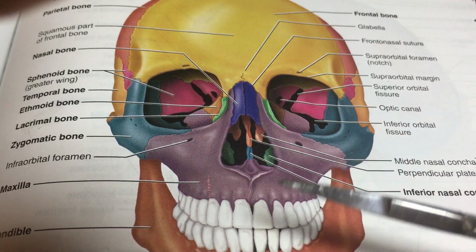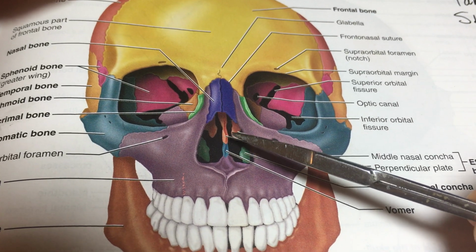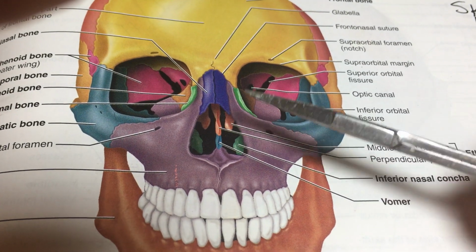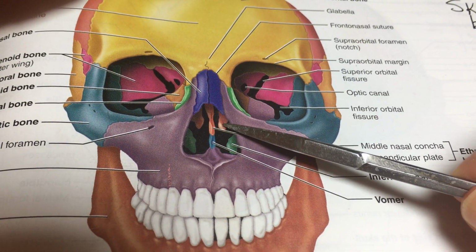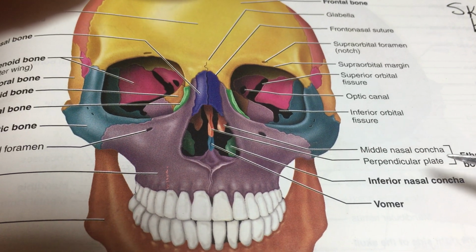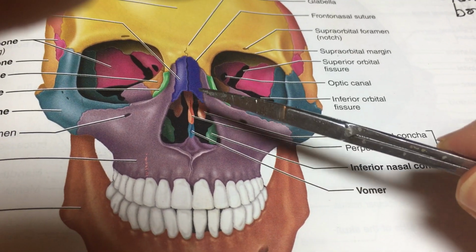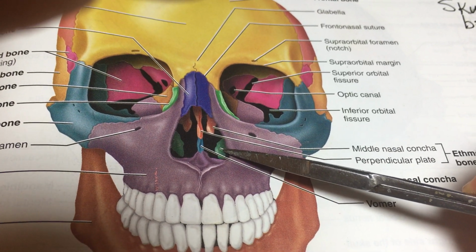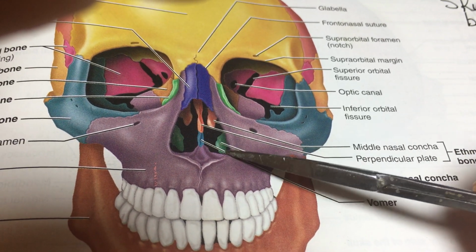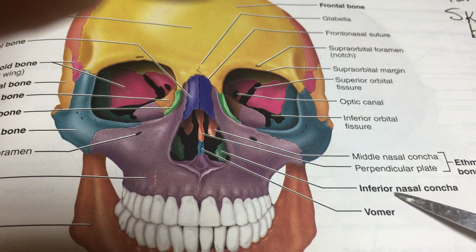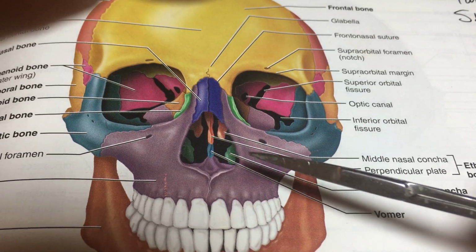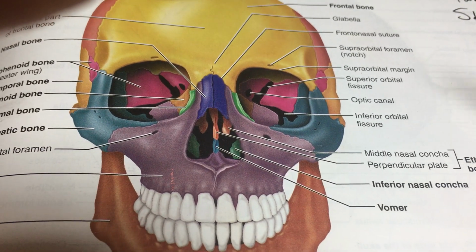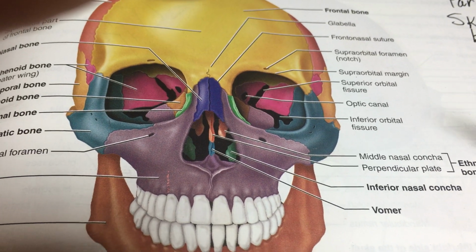One of the things that we're going to be learning about when we study the ethmoid is that it's got these little special processes here called concha. There's a superior, a middle, and an inferior. The inferior, though, is its own bone, and it's paired. So the inferior nasal concha is its own individual bone, and it's paired.